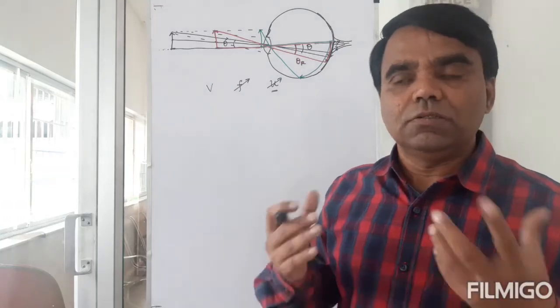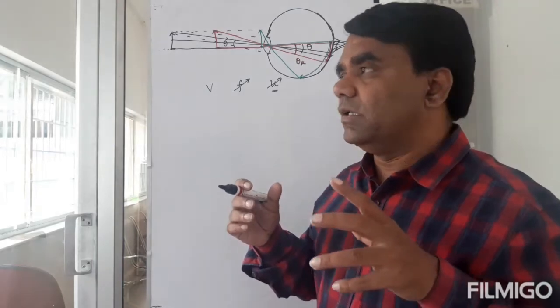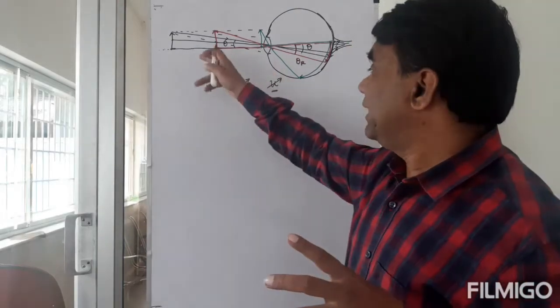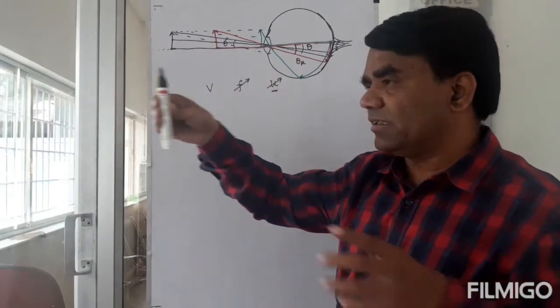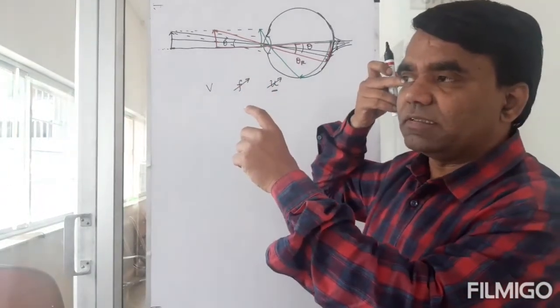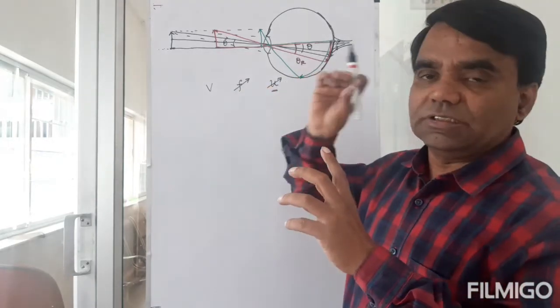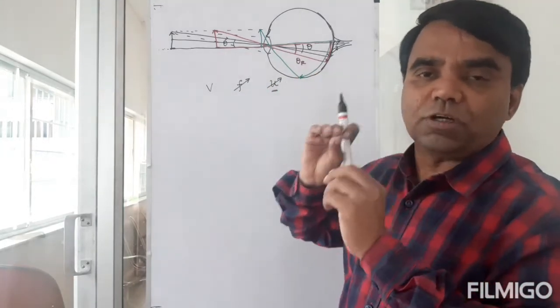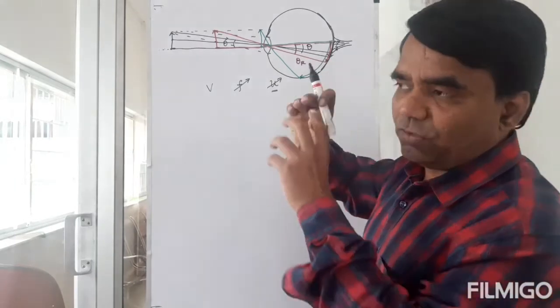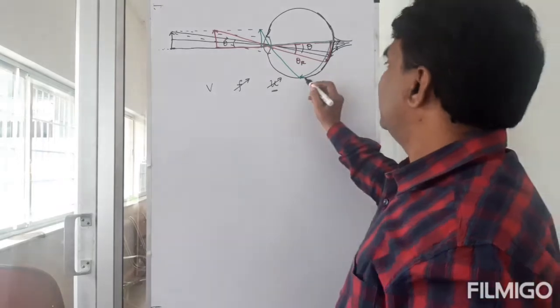So if I bring the object closer than a particular distance, then the image formed on the retina is not going to be clear, because the convergence does not take place properly on the retina. If the retina was not there, the image would be formed somewhere down here.